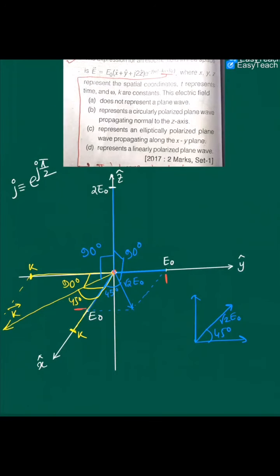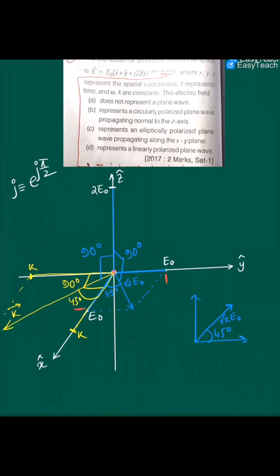Now you can see that these two components of the electric field, that is this resultant component and this component on the z axis, have different magnitudes. Okay, this has a magnitude of E0 and this has root 2 E0. Okay, and what is the phase difference between them?